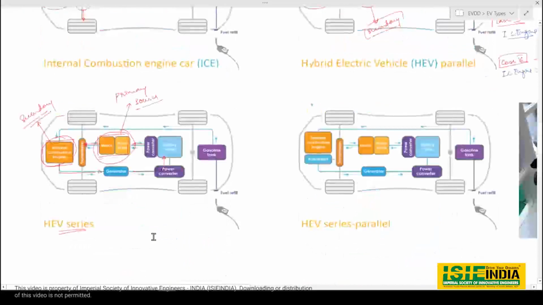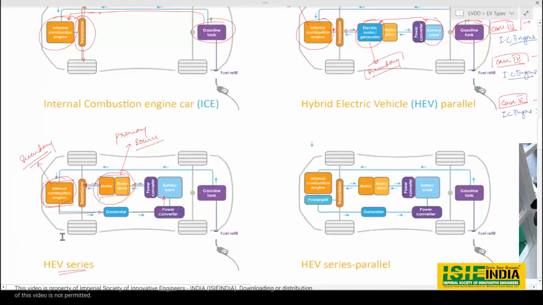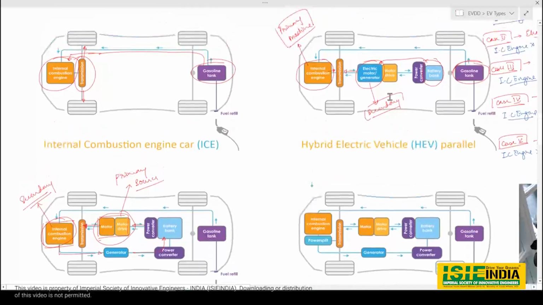So we have the parallel combination and then we have the series combination. In the parallel combination, the major advantage is that you have the IC engine also working for the transmission, so if the battery goes down, you can use the IC engine to drive the vehicle, or you can say vice versa.